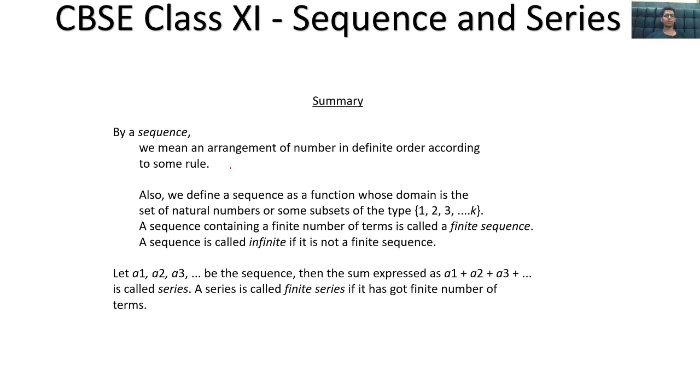A sequence is defined as an arrangement of numbers in a definite order according to a given rule. It can be any rule. There can be a difference of 2 between the respective numbers, for example 1, 3, 5, 7, 9 and 11.